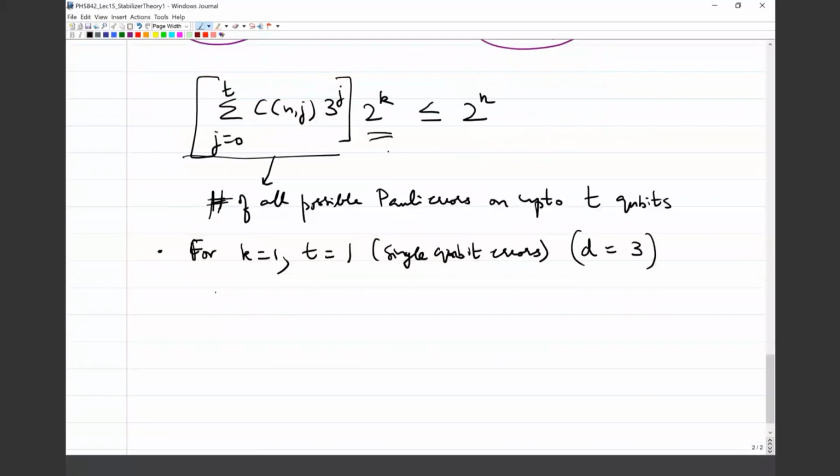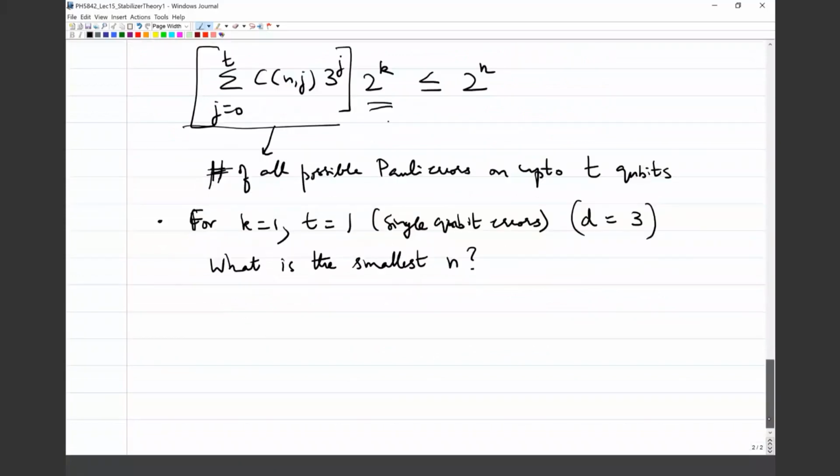What is the smallest n? And you can work this out, right? So if t is 1, and k is 1, then what you have on the left is C(n,0) plus C(n,1) times 3, times 2, right? Should be less than or equal to 2 to the n.